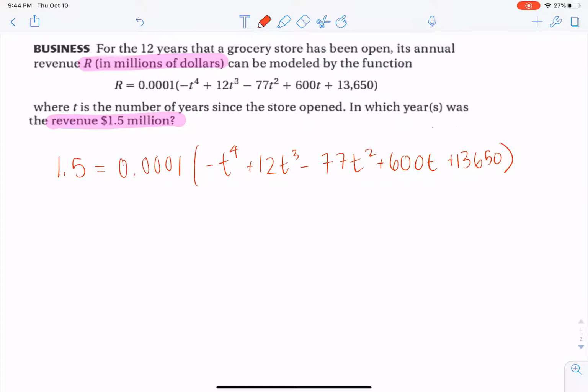13,650. So what I'm going to do is, just to get rid of this sort of lead coefficient, I'm going to divide both sides by 0.0001.